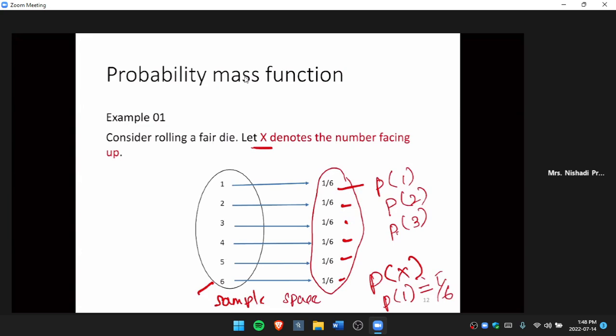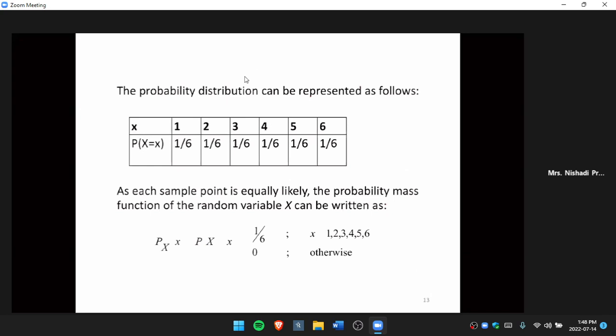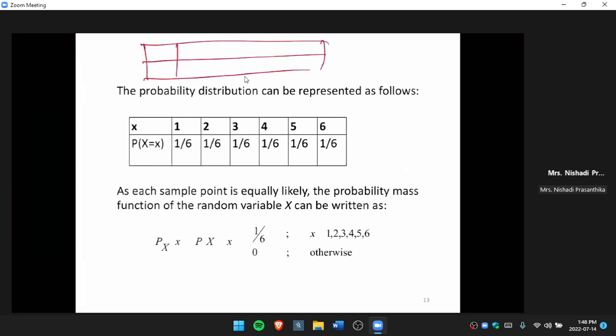First, I will show you the table. Usually we create this table like this. First, we write the values of the random variable: 1, 2, 3, 4, 5, 6. Then we have to put their probabilities.